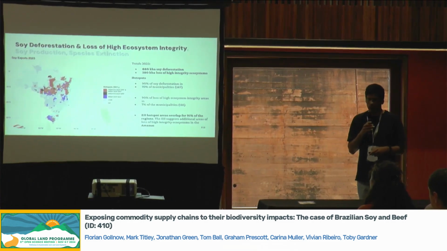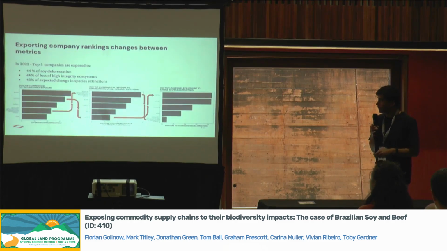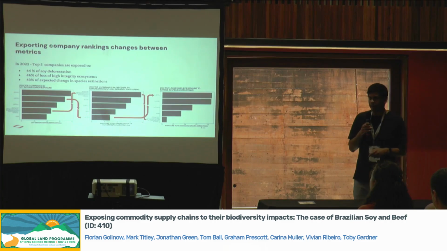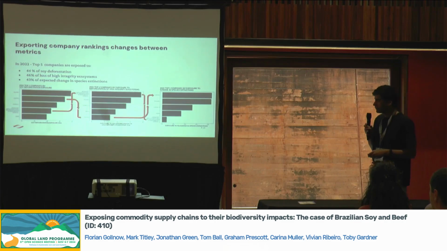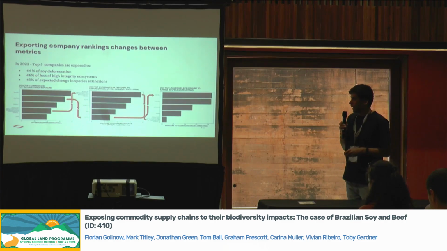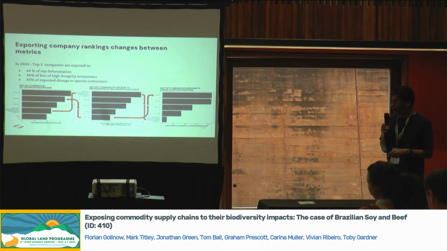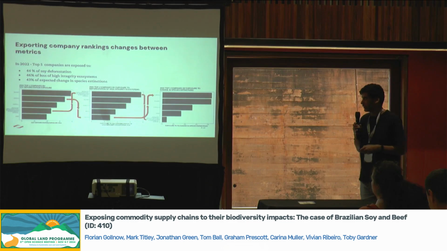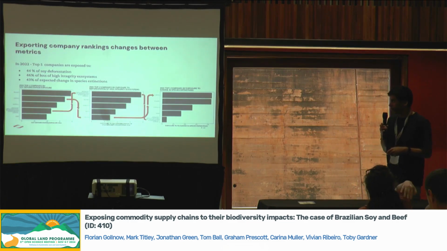From here, I wanted to go to the supply chains and link the actors exporting those commodities, and I highlighted the top 5 companies here, which export, or are exposed to, around 44% of soil deforestation, and also similar amounts of expected change in species extinction and loss of high integrity areas.